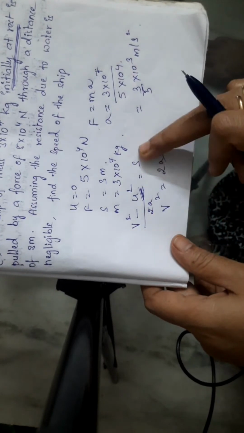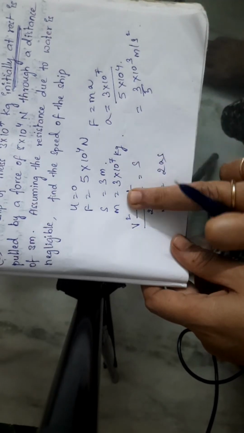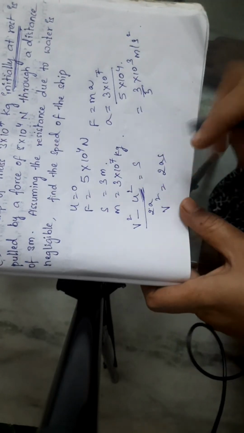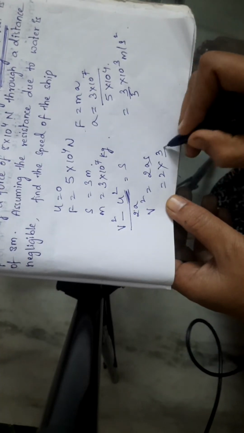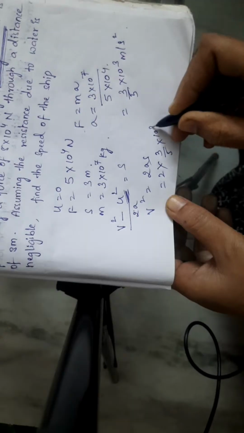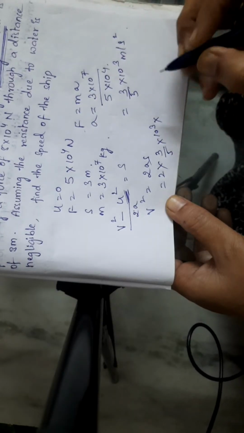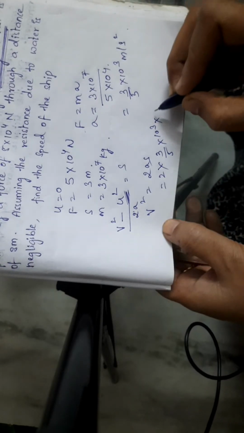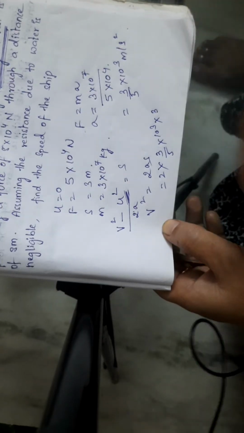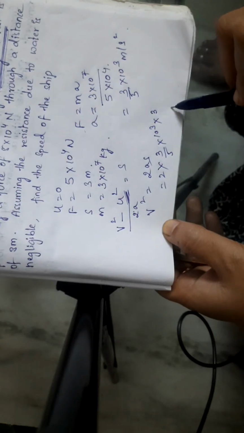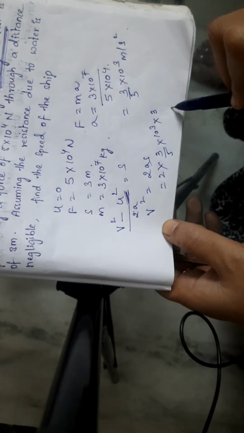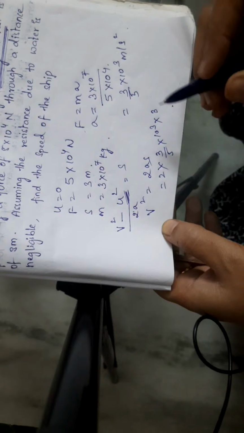So v square is 2as: 2, acceleration we got as 3 upon 5 multiplied by 10 raised to 3, distance is given 3. So it covers 3 meter.